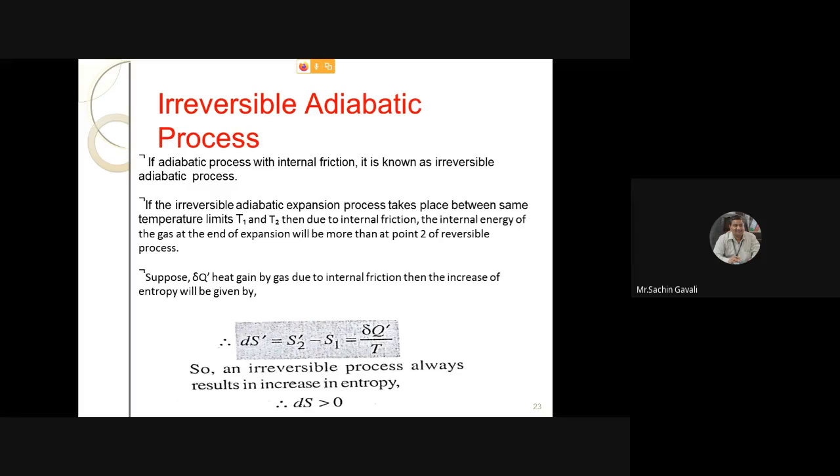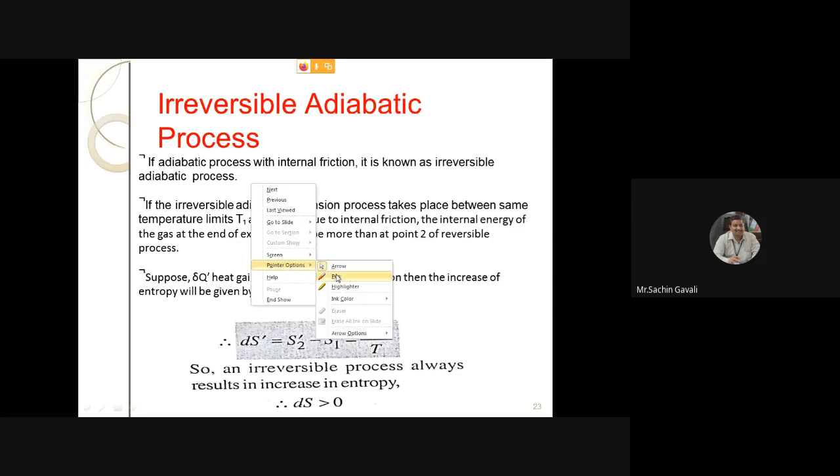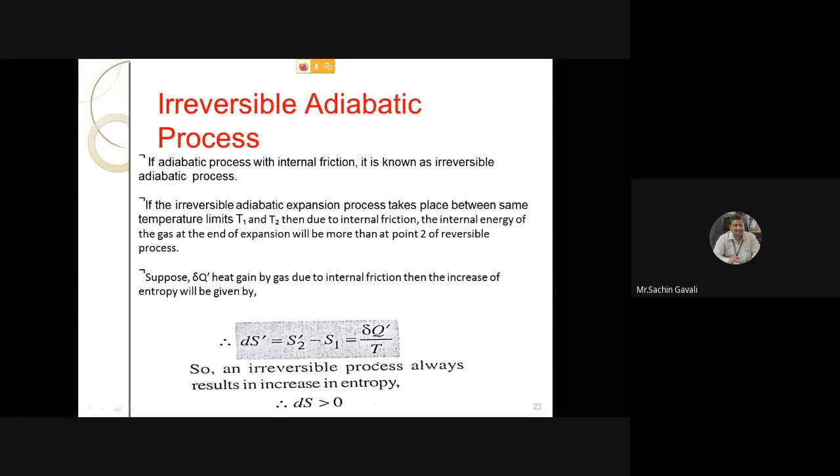Now, irreversible adiabatic processes. If for reversible adiabatic processes dq is equal to 0, then for an adiabatic process with internal friction, it is known as an irreversible process, or all the processes in the universe are irreversible processes.